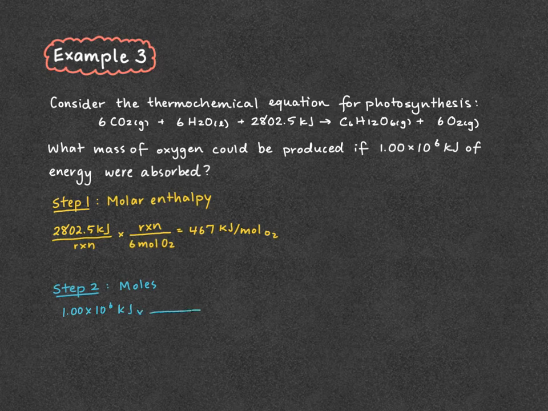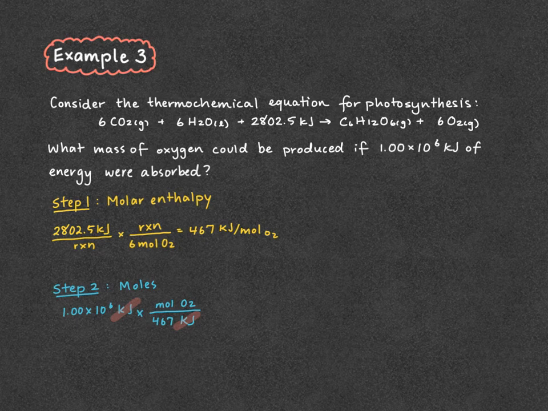We're always multiplying by fractions in our unit analysis. So we have kilojoules on the top of the fraction here, so we're going to take this molar enthalpy and put this kilojoules term, this 467, on the bottom of our fraction. So this is going to be 467 kilojoules, and then moles of O2 are going to go on the top. If we look at our unit analysis, kilojoules will cancel, and we're left with moles of oxygen.